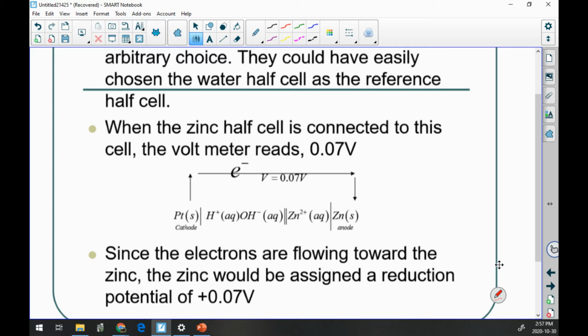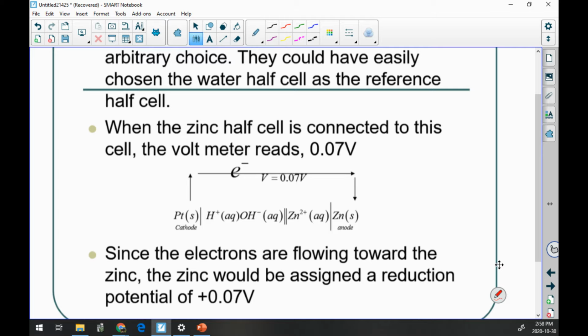So if we had set it differently, we would have given zinc a positive 0.7 volt if we had set the zinc half cell as zero. If we'd set the lithium half cell as zero, it would have been a different reading. But when you connect the cells, you'll always have the same value.